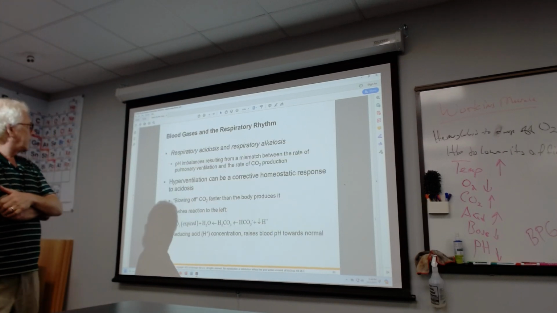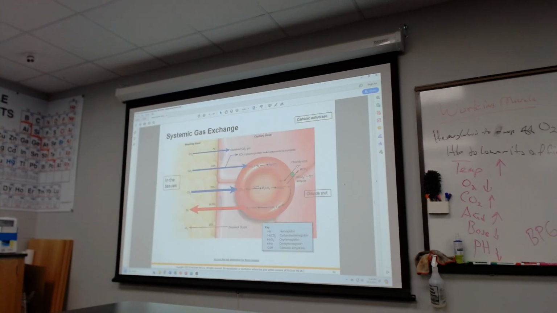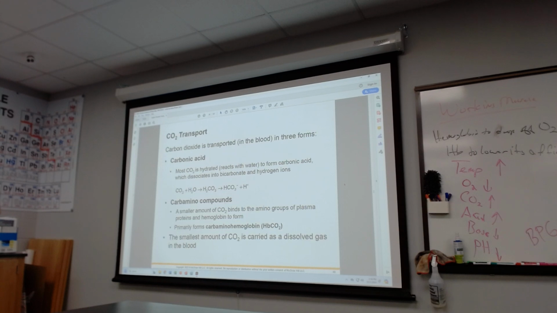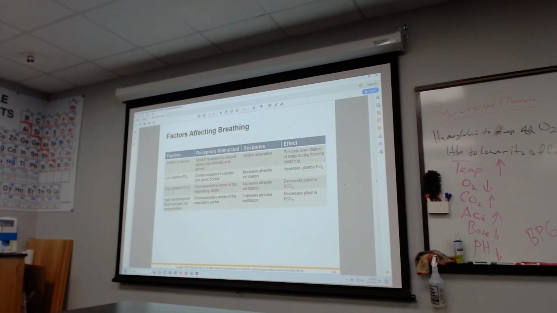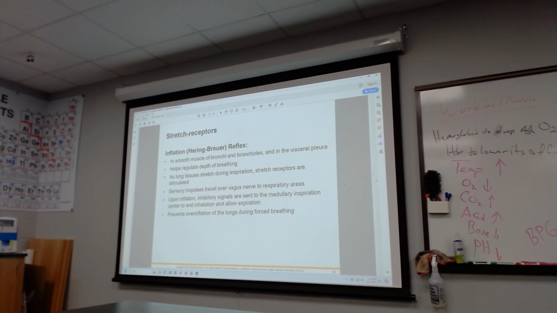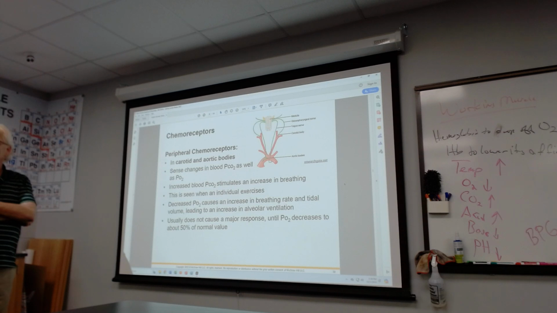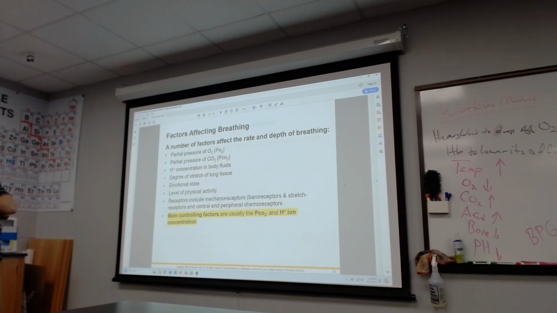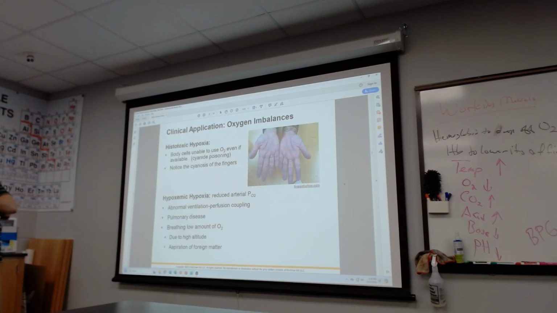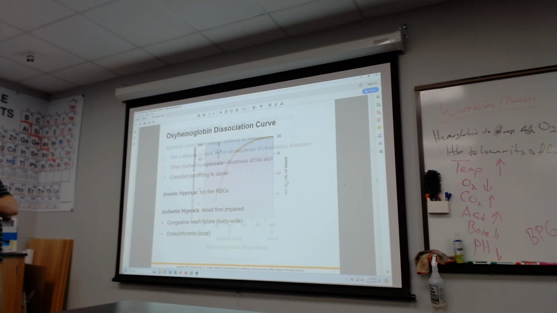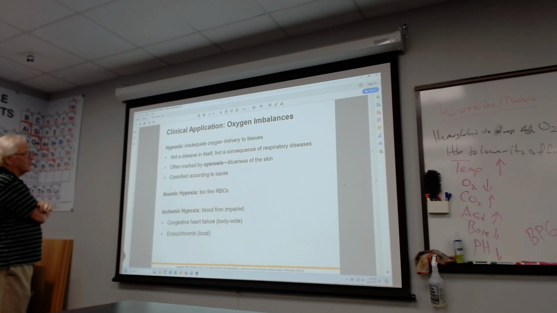Okay, here we go. The different kinds of hypoxia, to me, is just like the different kinds of other things we talked about. The name tells you the cause, okay? But hypoxia is not a disease.